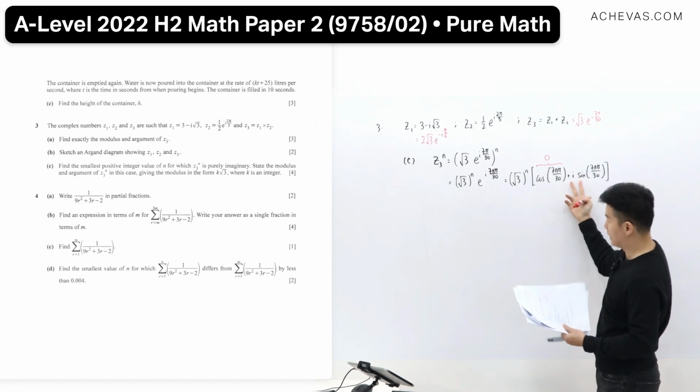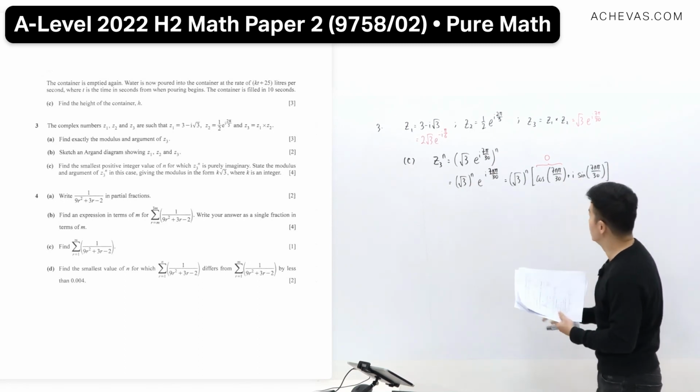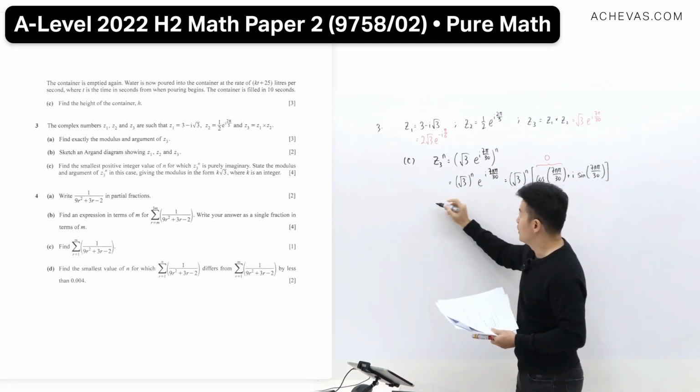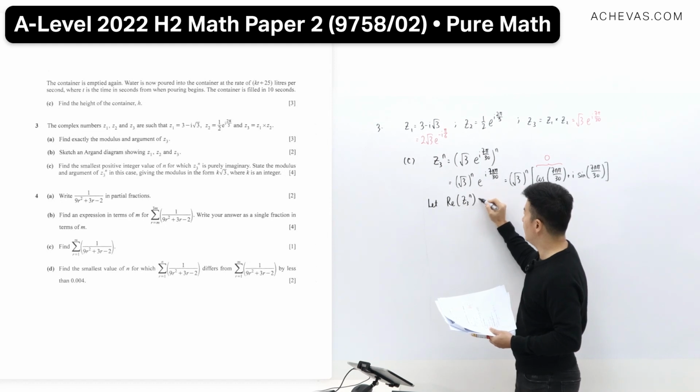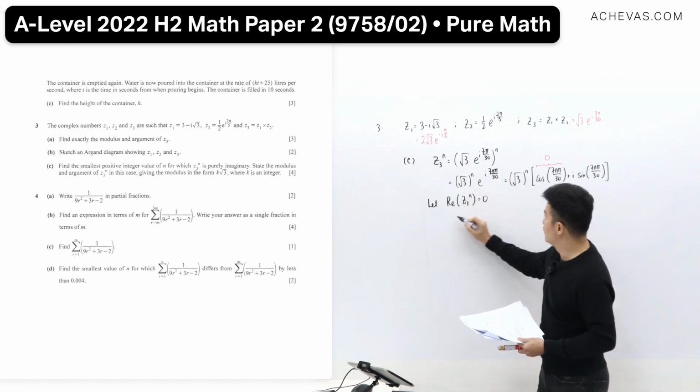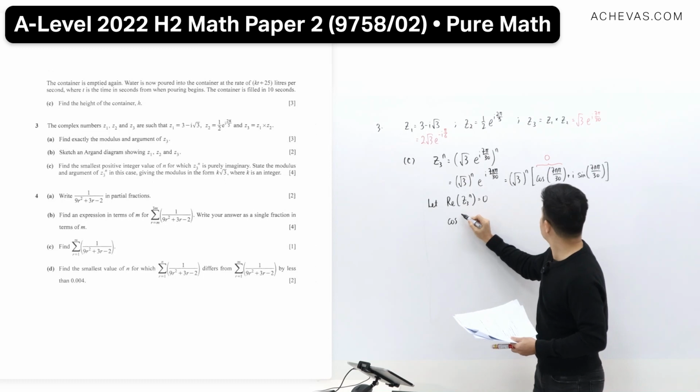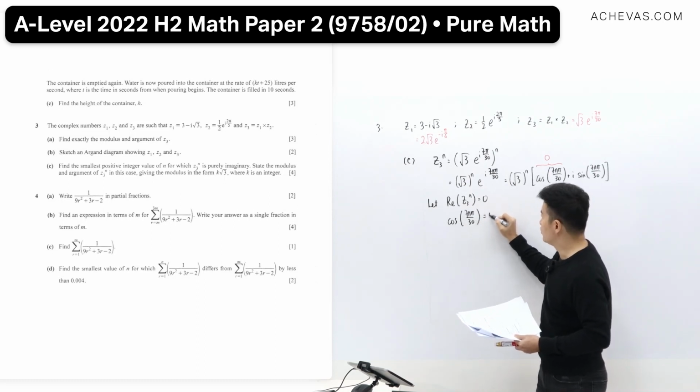So you will have only the i portion. We are going to let the real part of z3 to the power of n be equal to 0, which is going to be cosine of 7n pi over 30 equal to 0.